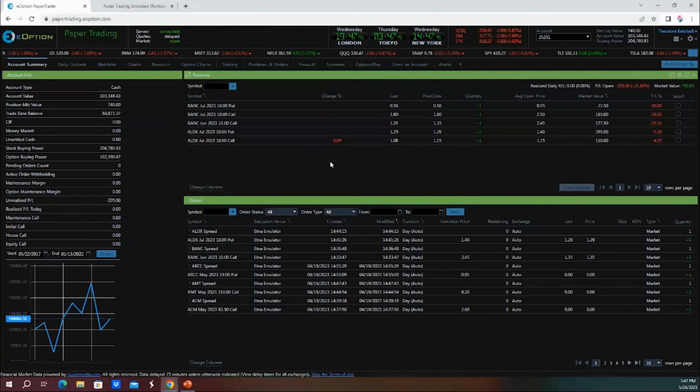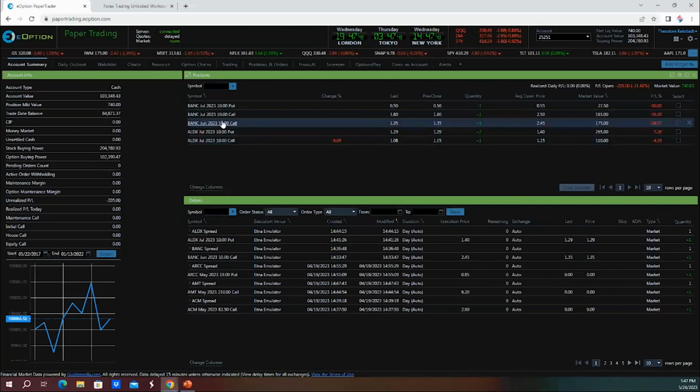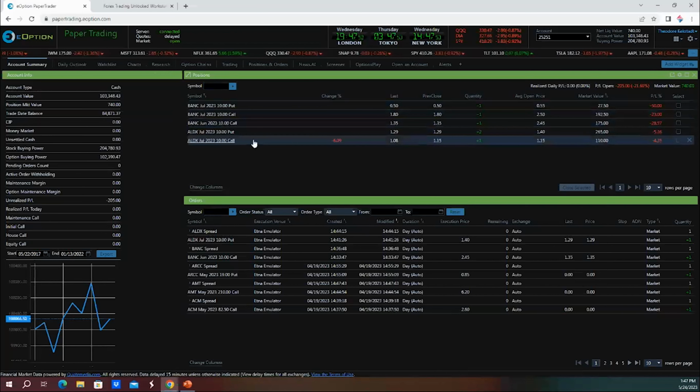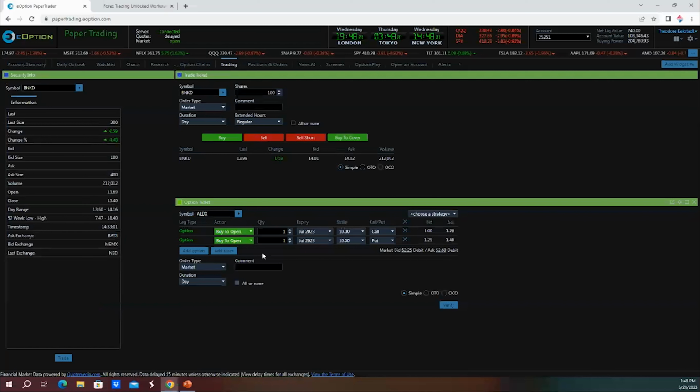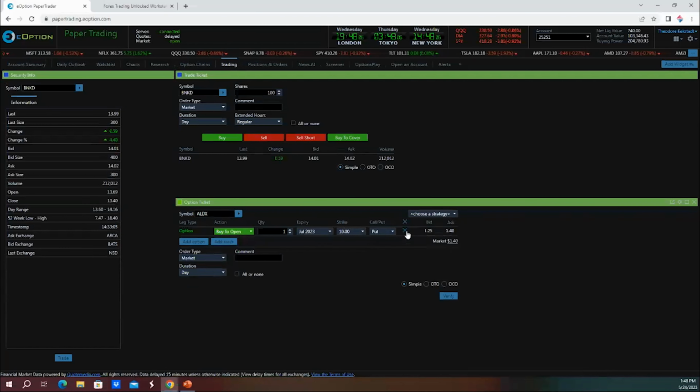Okay, so we have the BANC stock that we traded, where we did the outright call, and we also did a straddle. Then we have the ALDX, and actually we didn't do the straight put, so we cancel this one.